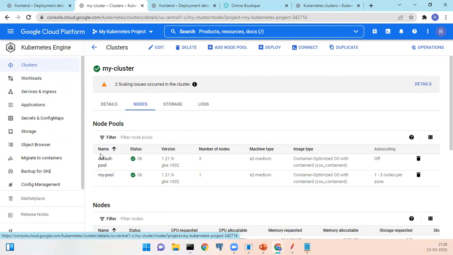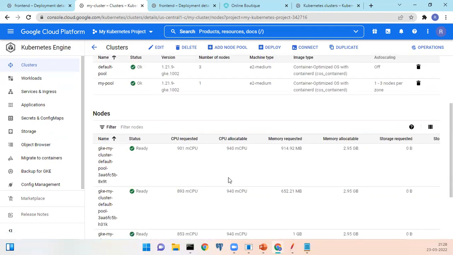The default pool is created by default when you create a cluster. We can observe here the number of nodes is 3, and this pool cannot be expanded. So we always will have 3 nodes available in the default pool, because auto scaling is switched off for this particular pool.